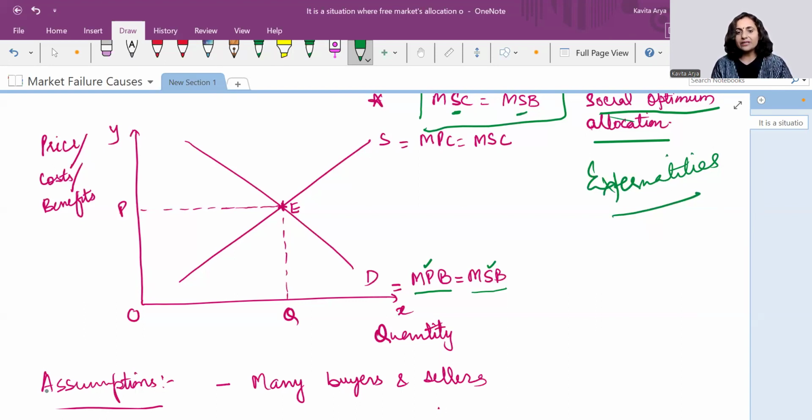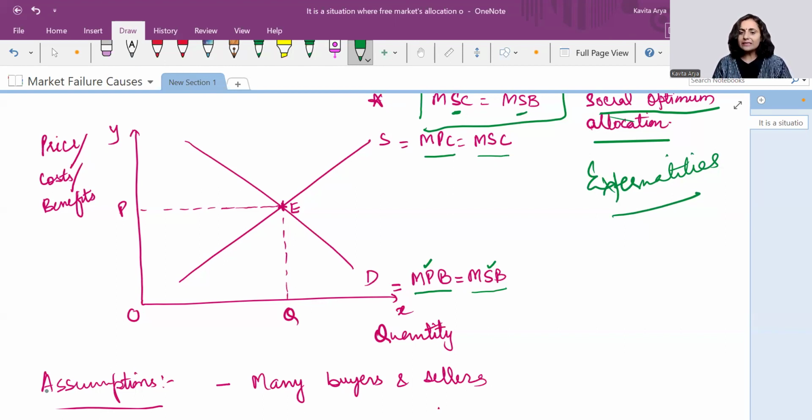And when we talk about this supply curve, we all know that the rising curve of the MC, the marginal cost curve, is nothing but the supply curve. So MC or private costs to him which he bears are equal to the social cost, meaning there is no external cost added in his productive activity.